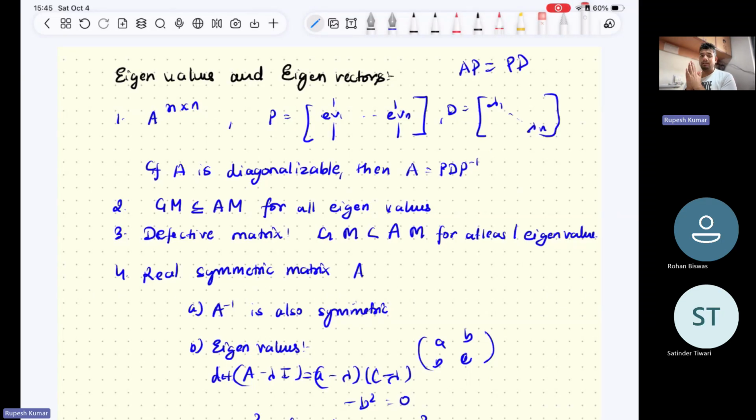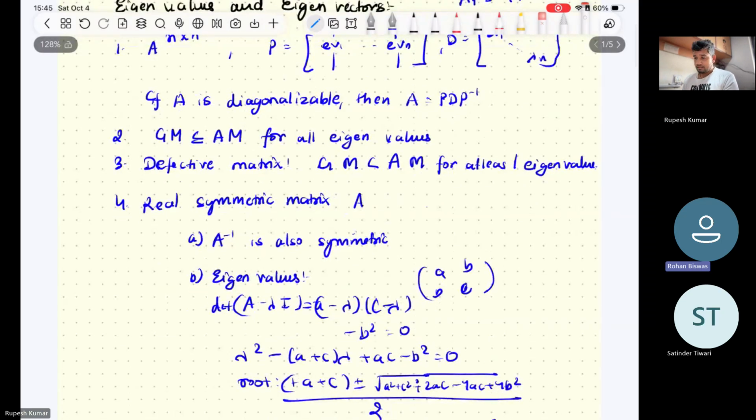If there are n linearly independent eigenvectors, then you can write A equals PDP inverse; the eigenvalue decomposition exists and it is a diagonalizable matrix. Point one is clear, everyone? Any doubts? Clear.